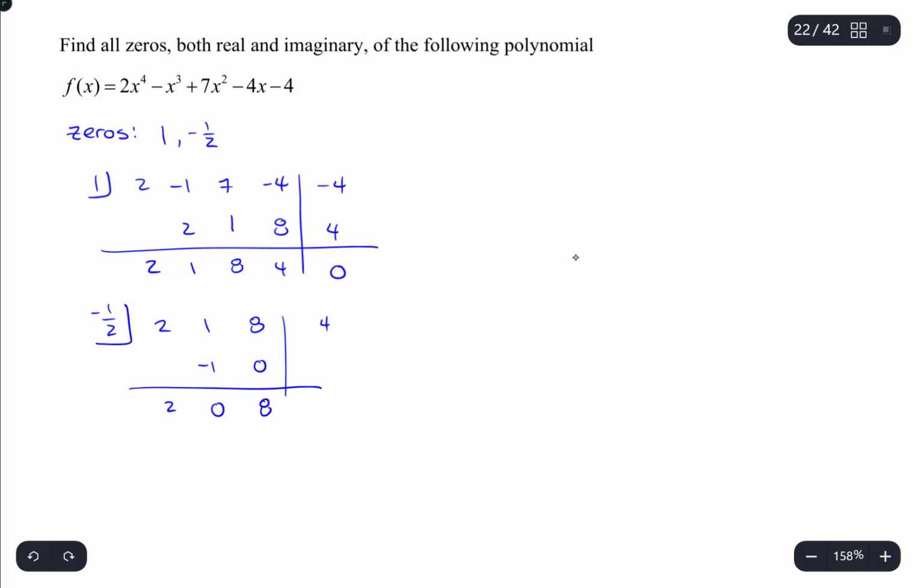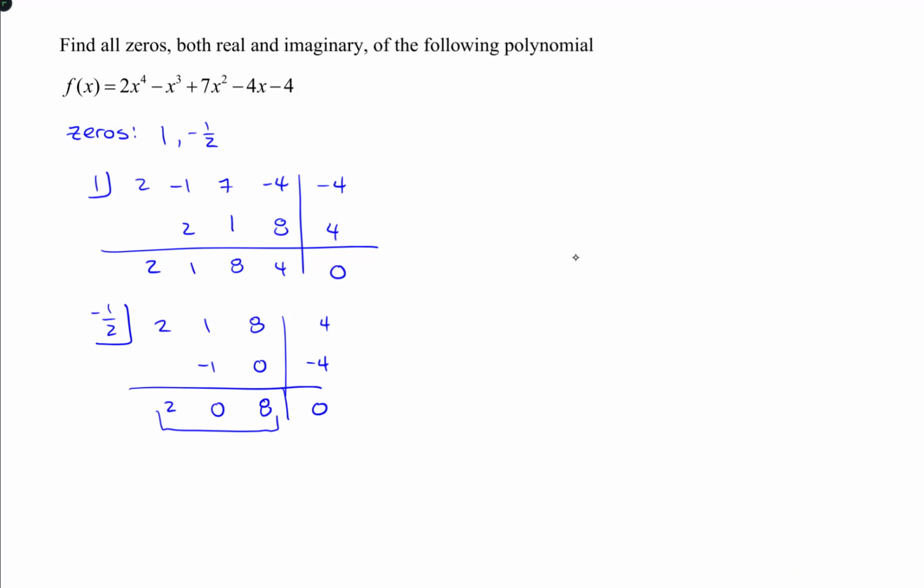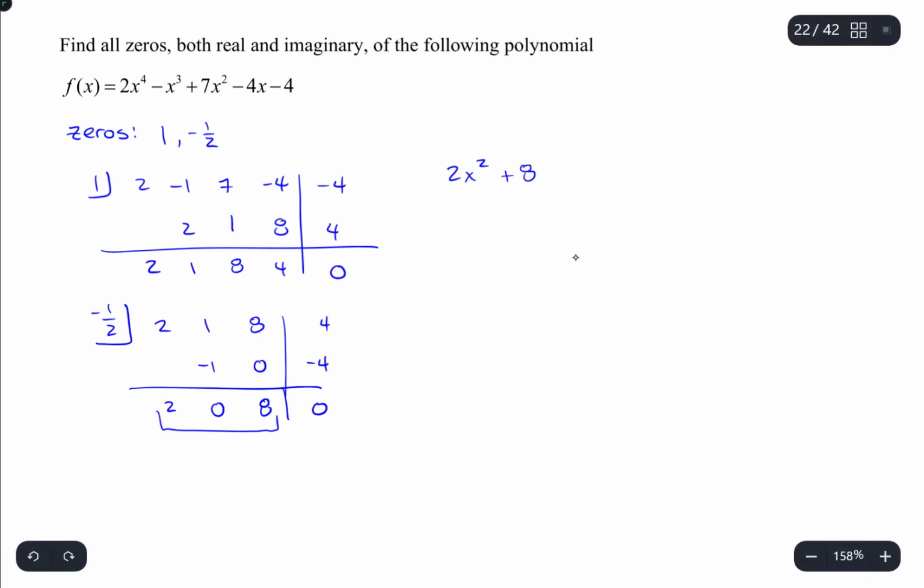That's 0, and then that's 8. 8 times -1/2 is -4, and that adds up to 0. All right, so these make up the coefficients of a quadratic, which would look like 2x squared plus 0x plus 8, and the remaining zeros of this quadratic are going to be the remaining zeros of this polynomial.